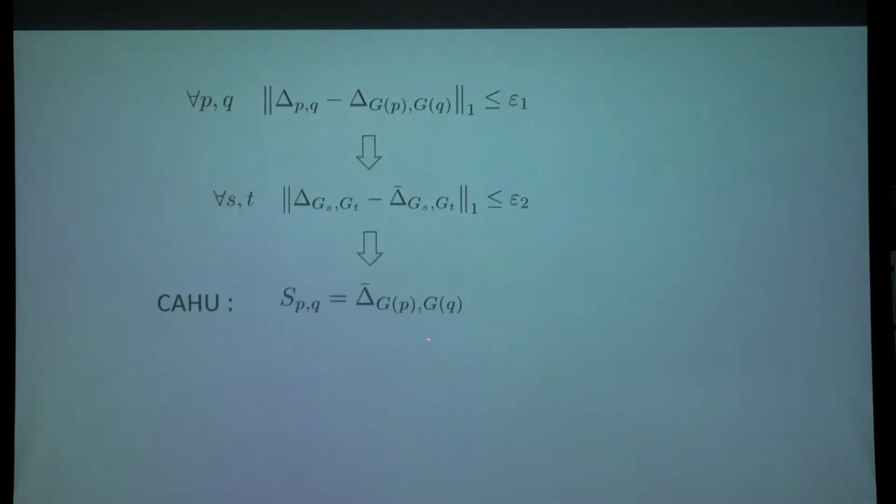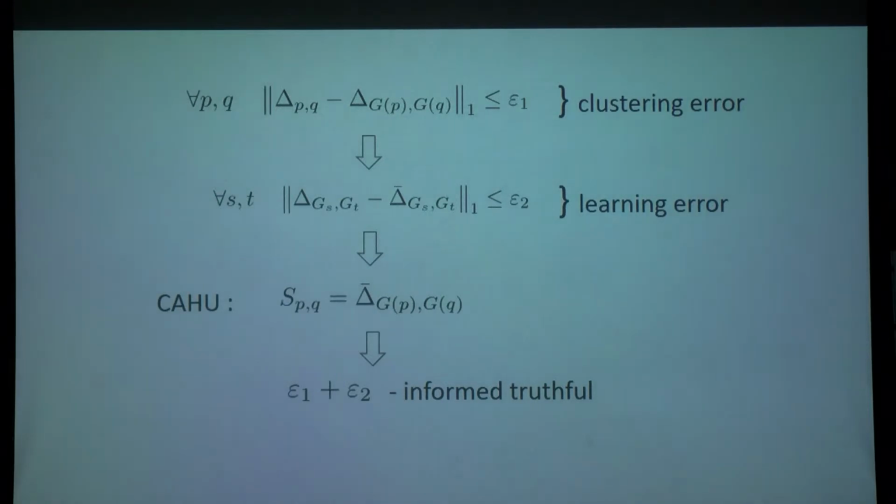The mechanism we run is for two users P and Q. GP denotes the cluster of user P, and GQ denotes the cluster of user Q. We use the scoring matrix, the estimate of the delta matrix for that pair of clusters. And it can be shown that the error is additive. It gives an epsilon 1 plus epsilon 2 informed truthful mechanism.